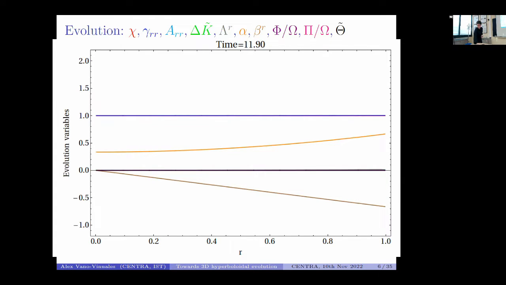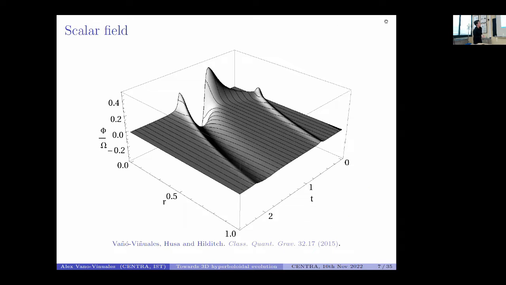And so now let's look at just the part that corresponds to the scalar field. This is the initial perturbation. It has split into two parts. One of them propagates all the way towards null infinity, which is here at r equals 1. The other one goes towards the origin, is reflected, and goes back and leaves the domain through null infinity, which is here.